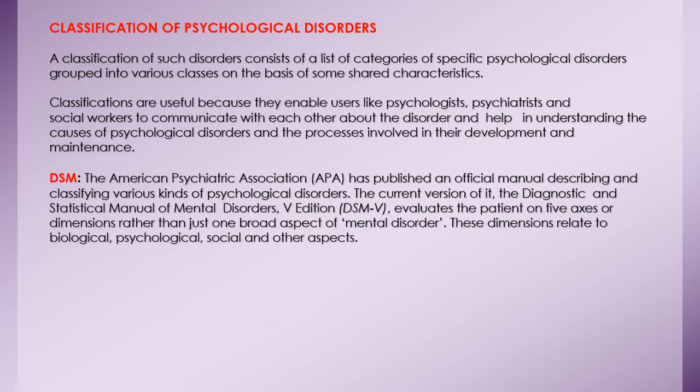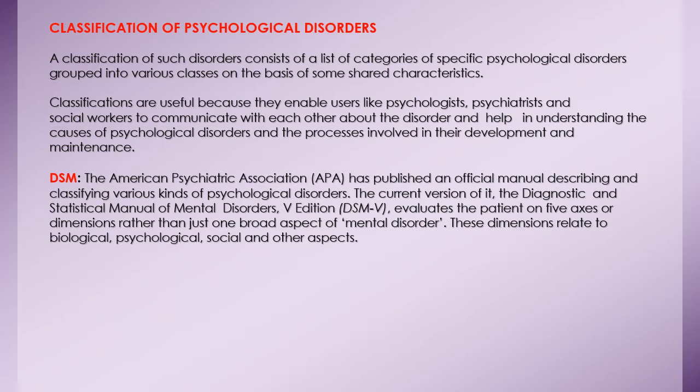There are certain versions of DSM. If you check on the internet, you will see that in DSM there are 5 axes that evaluate the patient. With time, from the first version till the current version, there have been many changes.